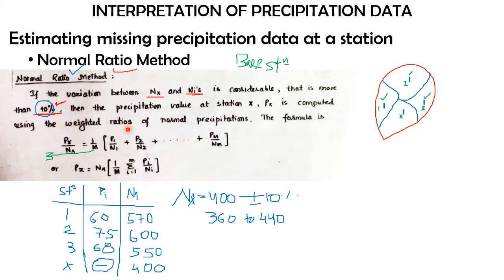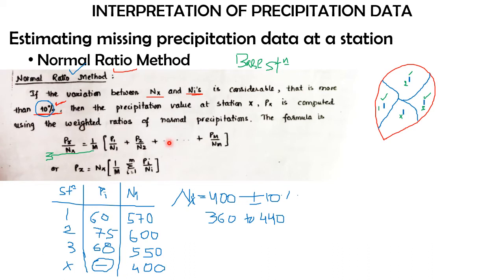What does this weighted ratio give us? It will neutralize any of the drastic variation in the rainfall collected from one particular station to another. It will basically give you the ratio between the yearly rainfall versus the normal rainfall. So this ratio itself we call weighted ratios.